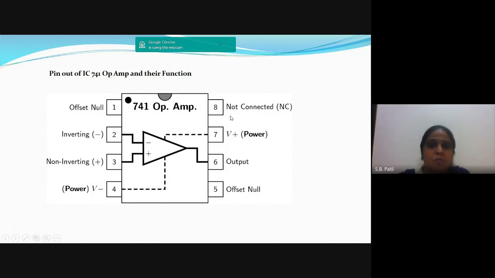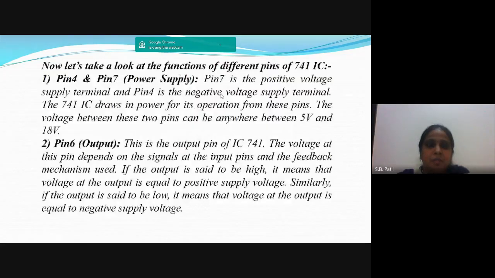So we have to see the function of each pin. Pin number 4 and pin number 7 are given to the power supply. Pin number 7 is the positive voltage supply terminal, and pin number 4 is the negative voltage supply terminal.